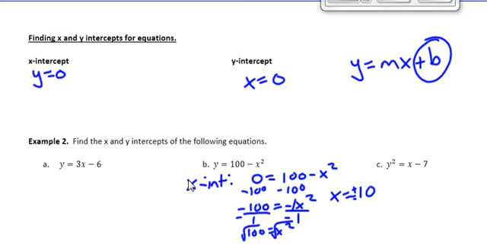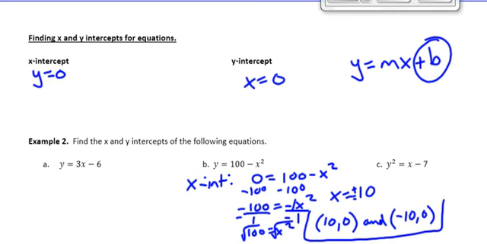So we've got y equals something instead of just a plain number equals something. And so you can kind of think along those same lines, though, that if I've got a squared in here, there's a chance that somewhere along the line I'm going to have 2 answers. And here's where that happens. So the x-intercepts are at 10, comma 0, and also at negative 10, comma 0.